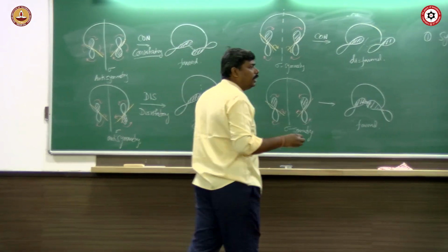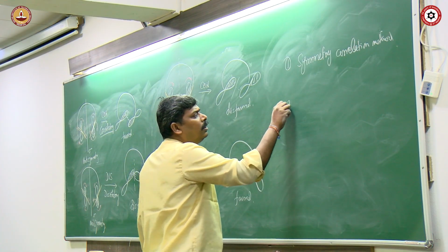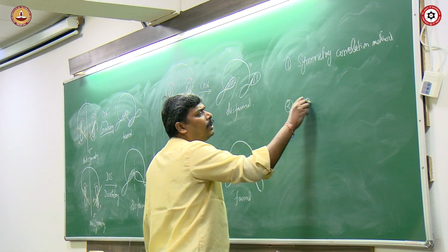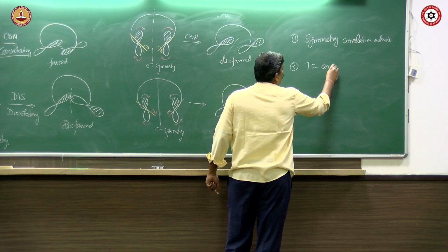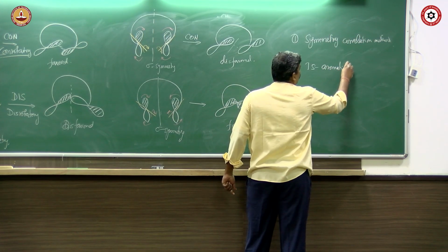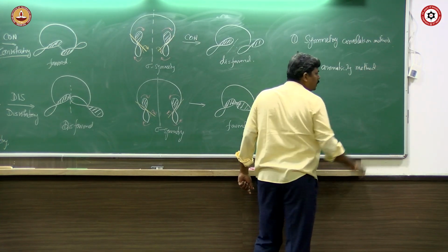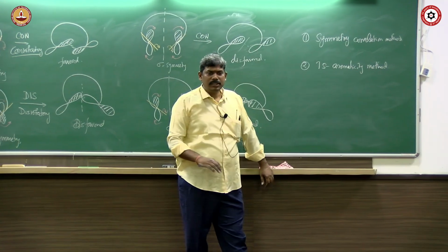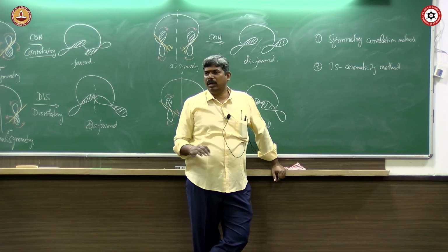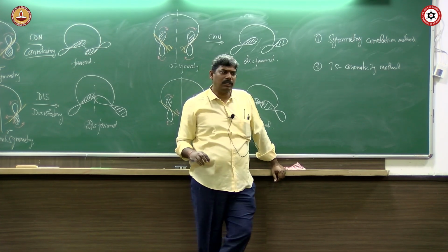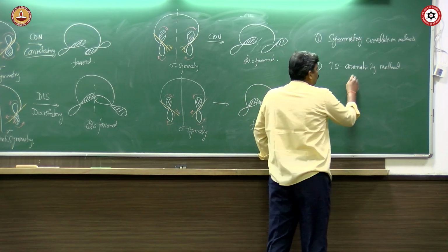And the second one is the transition state aromaticity method, which only uses the lowest energy molecular orbital, which is psi 1 of a system. It is also called the perturbed molecular orbital method.